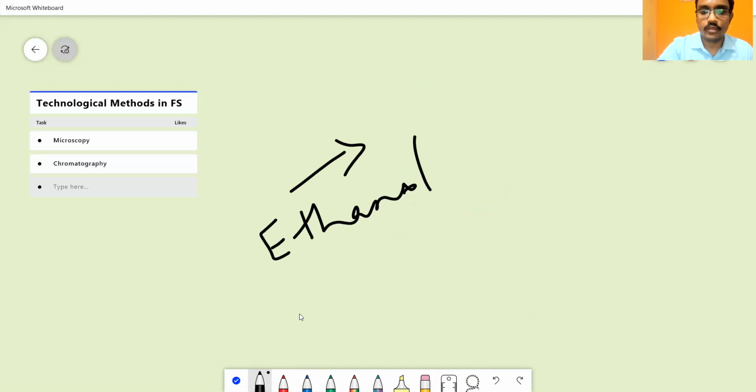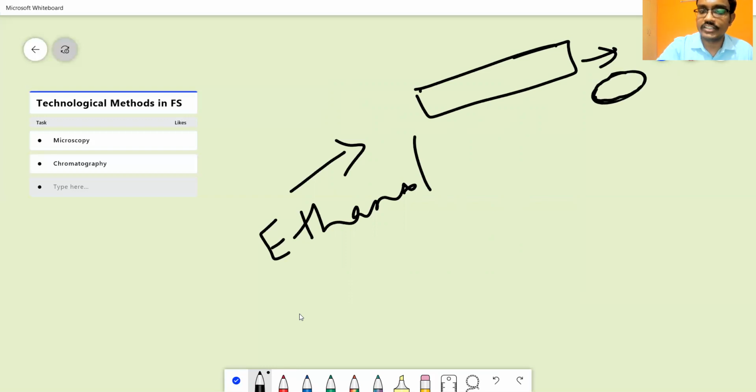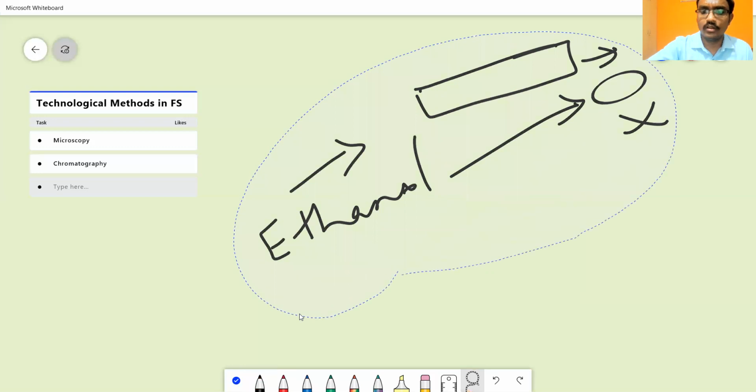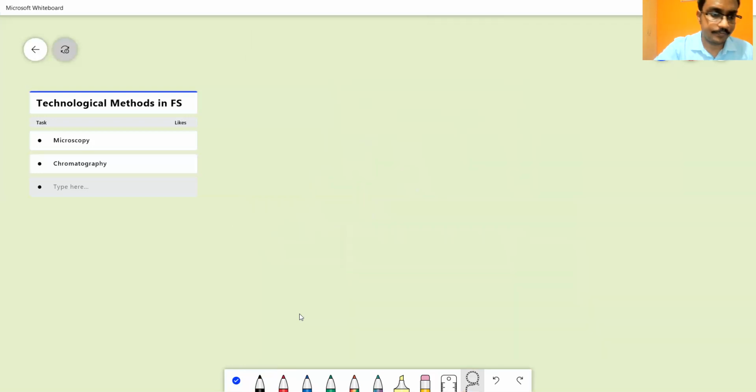In this case, we put it through a column which is coated with silica, just like what we saw in the previous example, and it's going to elute out at different times from this silica column. If you're going to get an ethanol fraction, it means that he is drunken. If there is no ethanol fraction, he's not drunken. This is a simple application of chromatography.